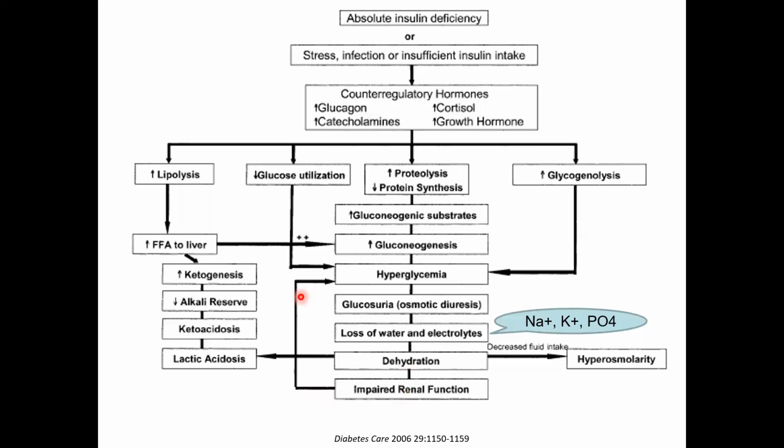And when you have impaired renal function, that actually worsens your hyperglycemia because your kidneys are not able to clear out the glucose from the body. And because of the dehydration and the increased blood glucose, we also end up with hyperosmolarity.